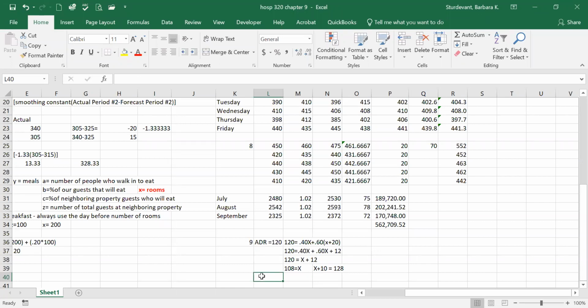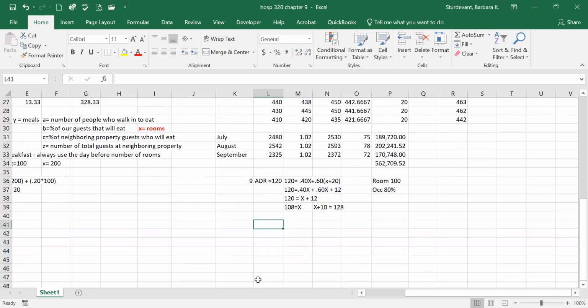Now we can figure out our sales. We're doing this for April, so again, we have 30 days. We have 100 rooms. Occupancy percentage was 80%. Now we can just put this into a formula. For single rooms, we know what the price is, right?